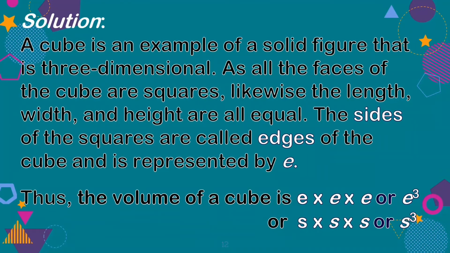The sides of the squares are called edges of the cube, and is represented by E. Thus, the volume of a cube is E times E times E, or E cube. We can also use S for sides. S times S times S, or S cube.